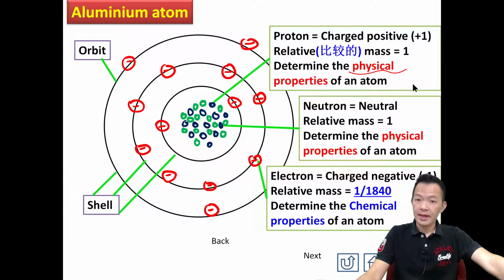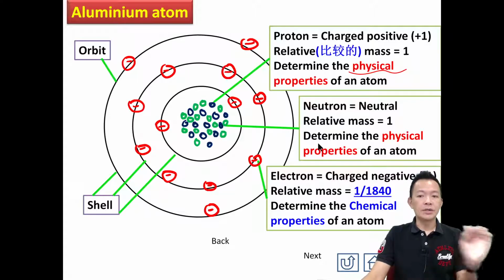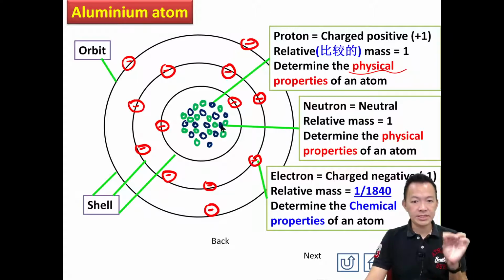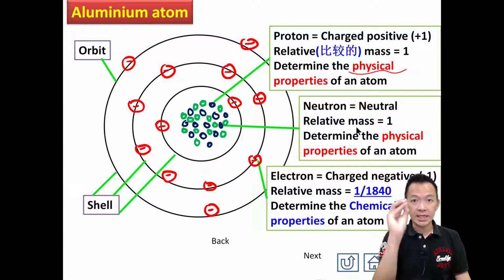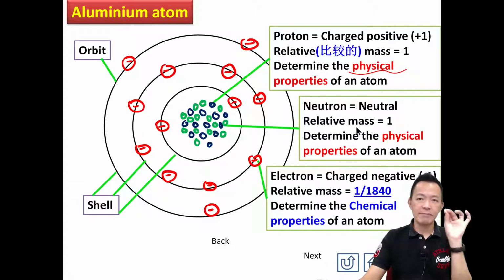It is neutral, and its relative mass is 1, the same as a proton. Neutrons determine the physical properties of the atom, not the chemical reactions. They determine mass, melting point, boiling point, density and freezing point. These are decided by protons and neutrons together.